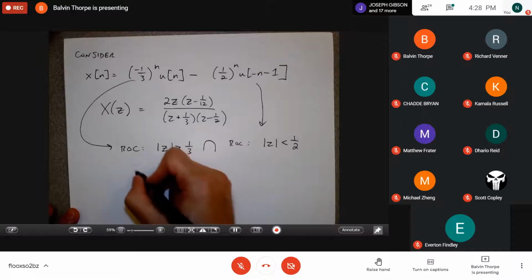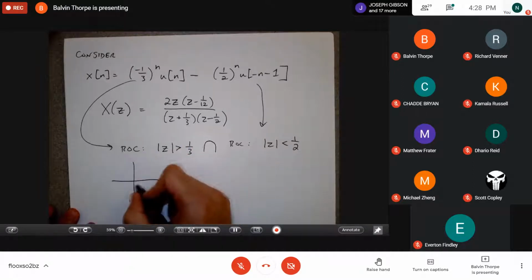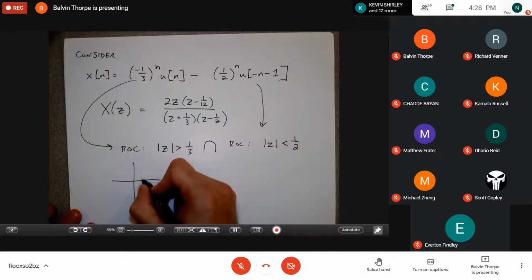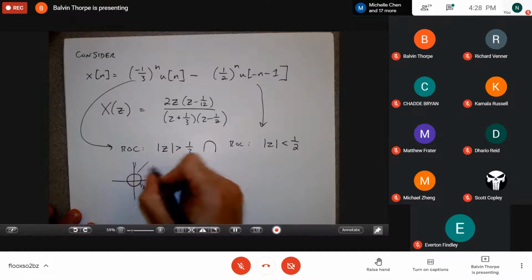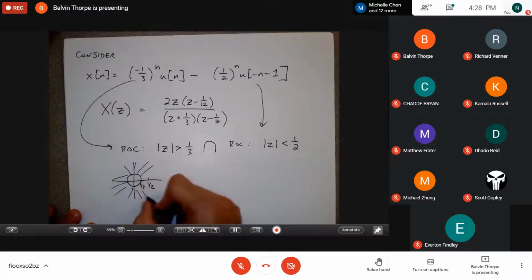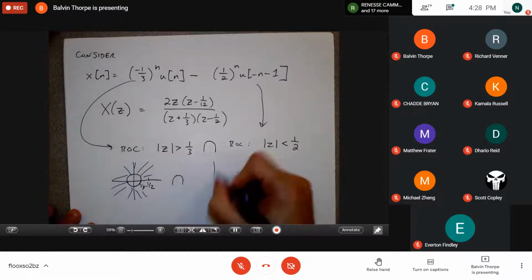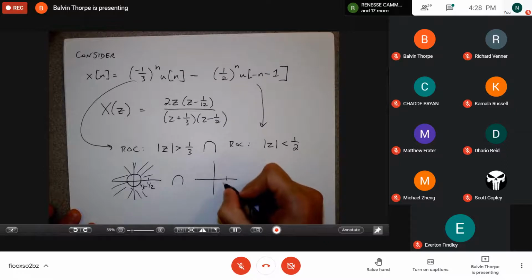So here, one of the ROCs looks like this. And the other ROC looks like this.